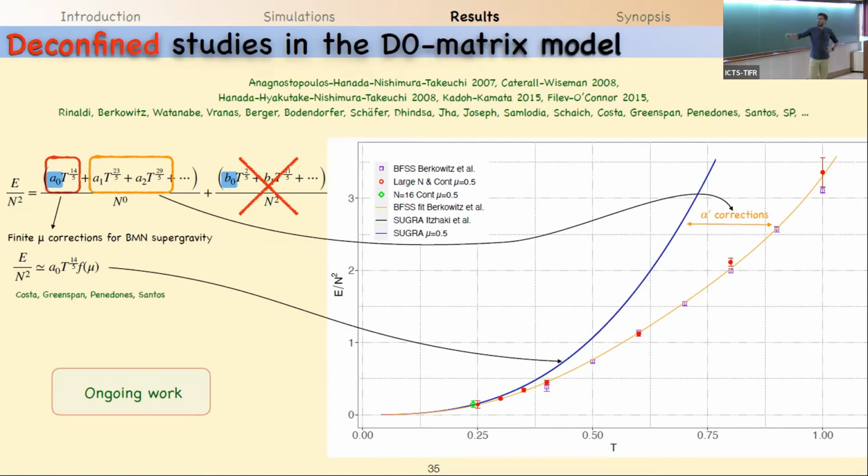And even though the BFSS points stop here, we were able to create three more points going towards the small temperature region, where these points start to converge with supergravity results. Again, here in higher temperatures, I expect to have alpha prime corrections contributing. That's why I have this deviation from the supergravity.